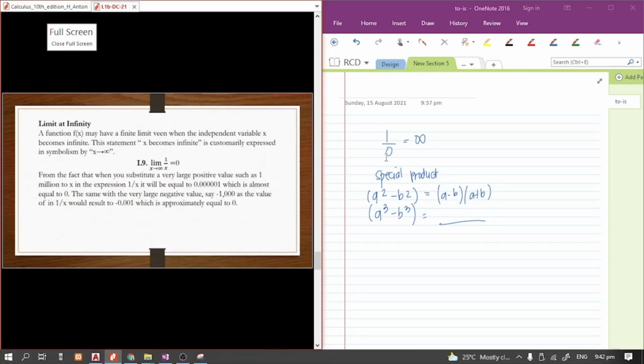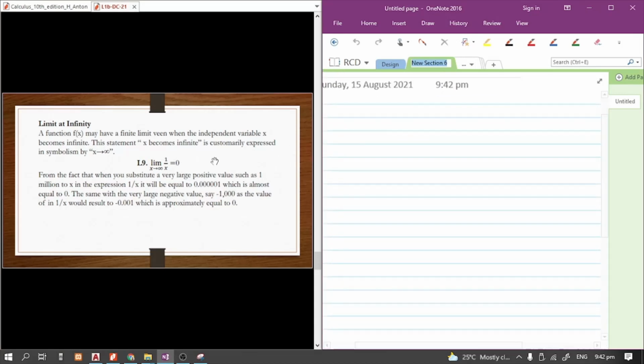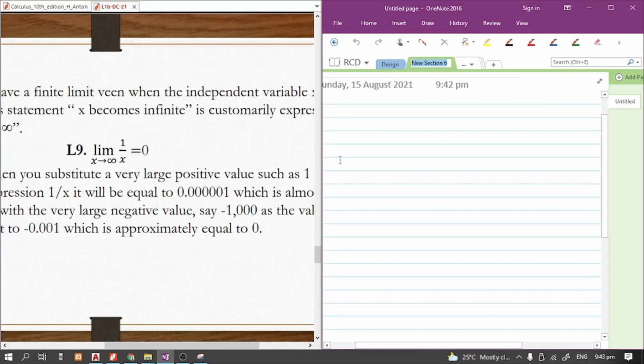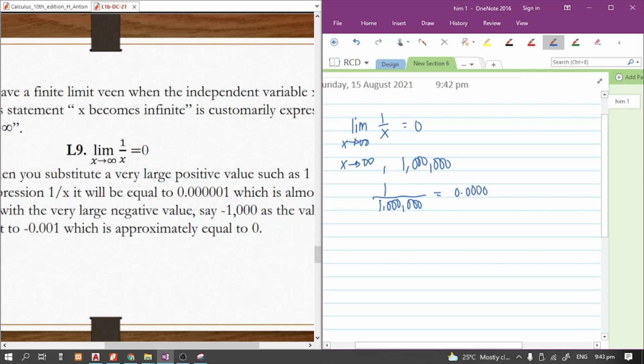Bakit nangyari yun? Na yung limit ni 1 over x as x approaches infinity is equal to 0. Halimbawa, pag sinabing approaching infinity, large values na yung pinag-uusapan natin. Let's say 1 million. Kapag yung 1 ay dinivide natin by 1 million, ang sagot ay 0.000001.